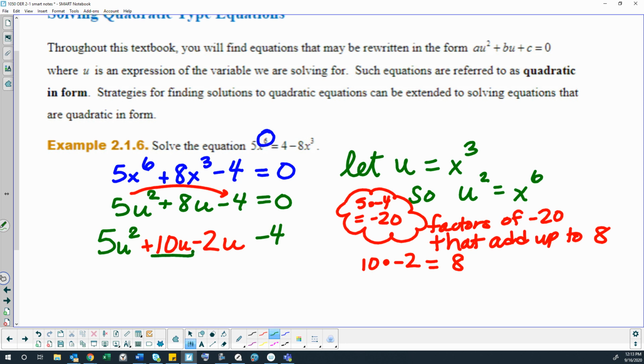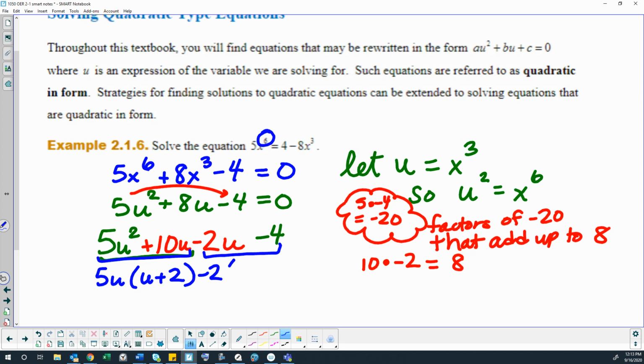Is there a factor that will come out of the biggest stuff we can divide out of 5u squared and 10u? 5u. Good. And then we're left with u plus 2. That seem right? Okay, what can we factor out of negative 2u minus 4 so that hopefully we get another u plus 2? Negative 2.